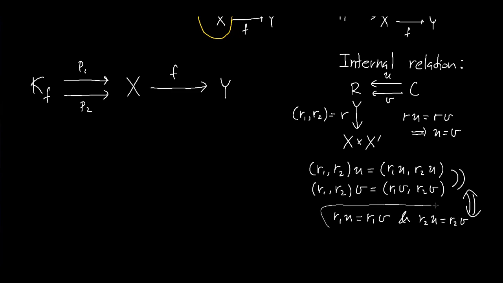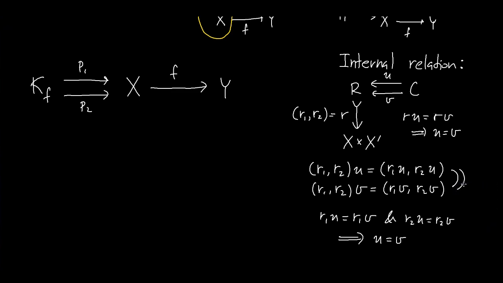So now our definition of monomorphism becomes that when these two things hold, it must imply that U equals V. Okay? And you see this definition, stated this way, no longer requires existence of products to state it.